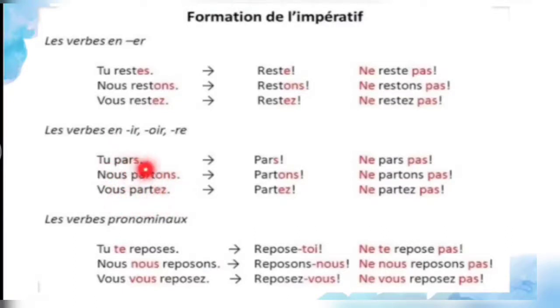So tu pars means you leave. Nous partons, we leave. Vous partez, you leave. So when you change into the imperative form, pars means leave, and partons, let us leave, and partez, leave. So when you change into the negative form, ne pars pas, don't leave. Ne partons pas, let us not leave.